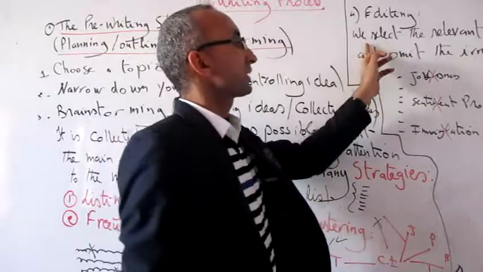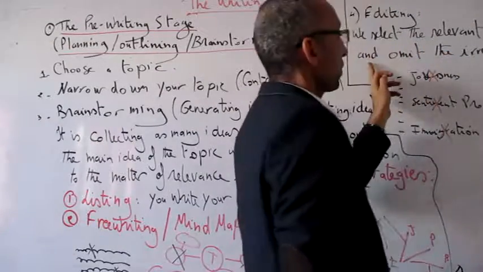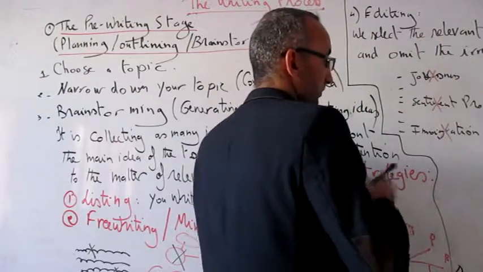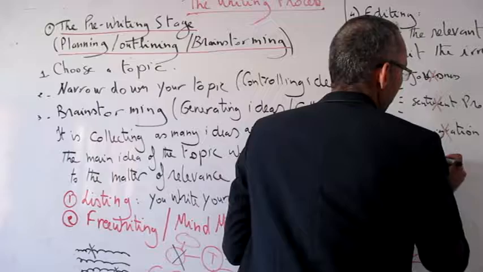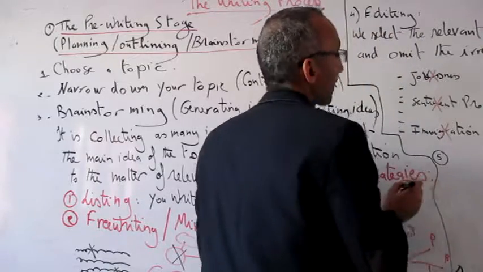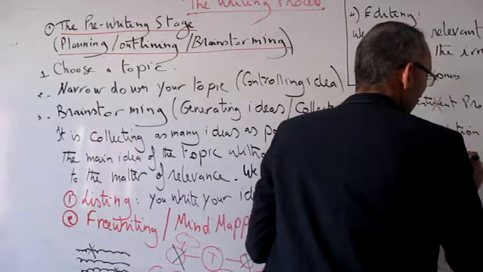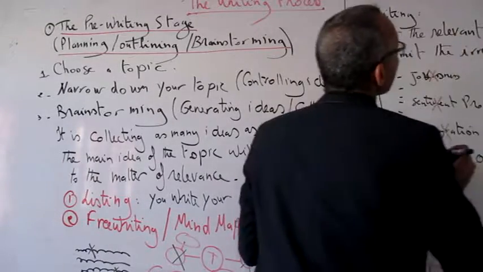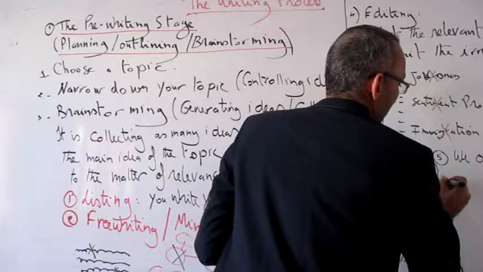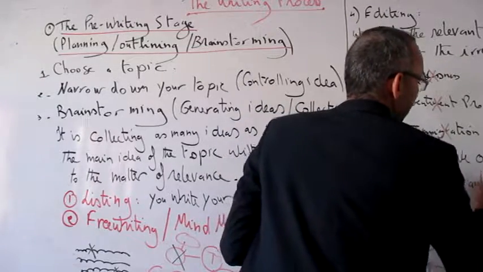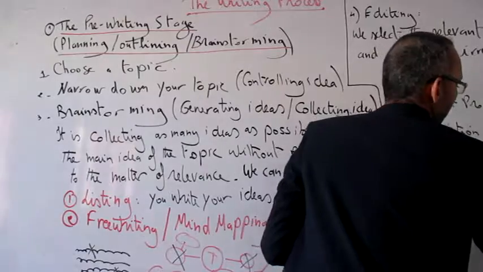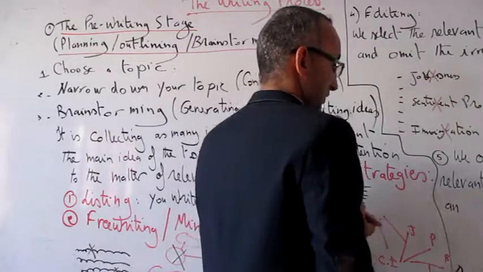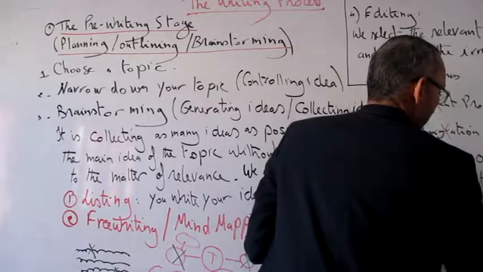So we write, we select relevant ideas and omit the irrelevant ones. Then next step, number 5, we write, we order the relevant ideas in an outline.